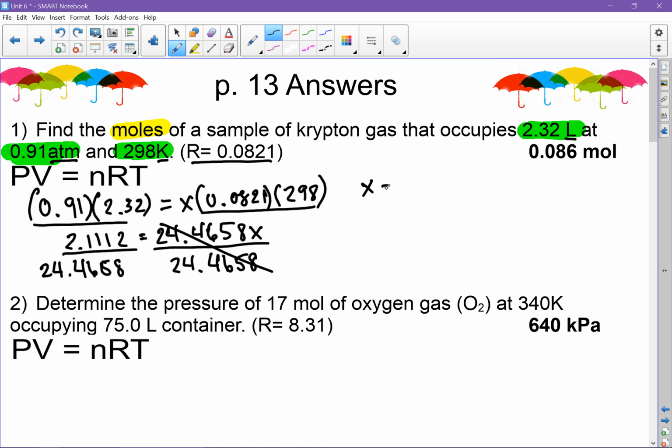You put this in your calculator. 0.086325. Then check your sig figs. Go back to what you highlighted. There were 3, 2, and 3 sig figs, which means we want the lower number, which is 2. Chop it right here, and here's your answer. You put moles on it because that's what you were solving for.